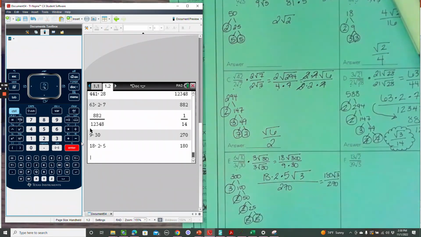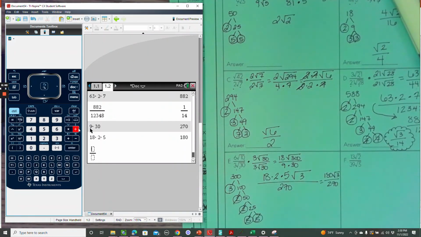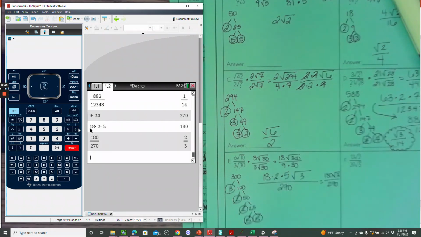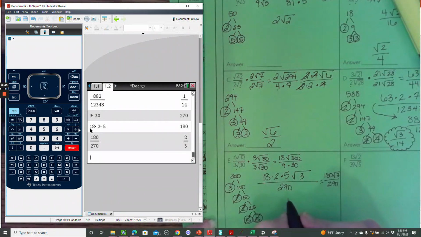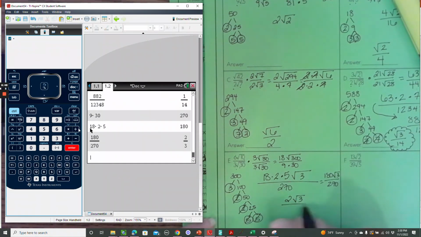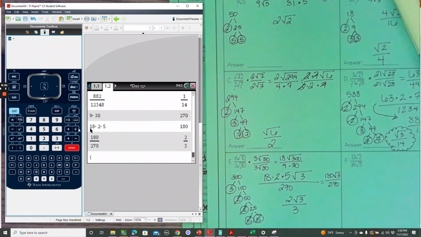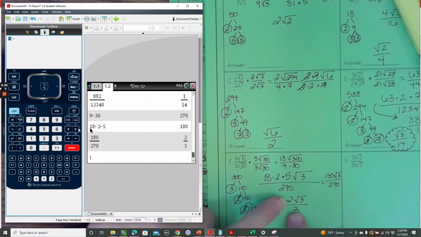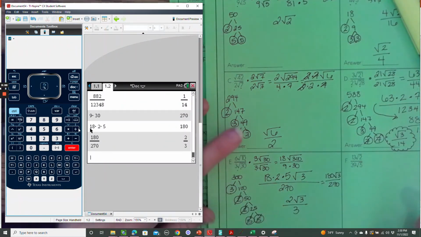Take just the numbers, 180 over 270. Simplifies to 2/3, so I've got 2 times the square root of 3 over 3. So that's where that fraction's going when I simplify it down. Numerator goes in the numerator, denominator goes in the denominator.